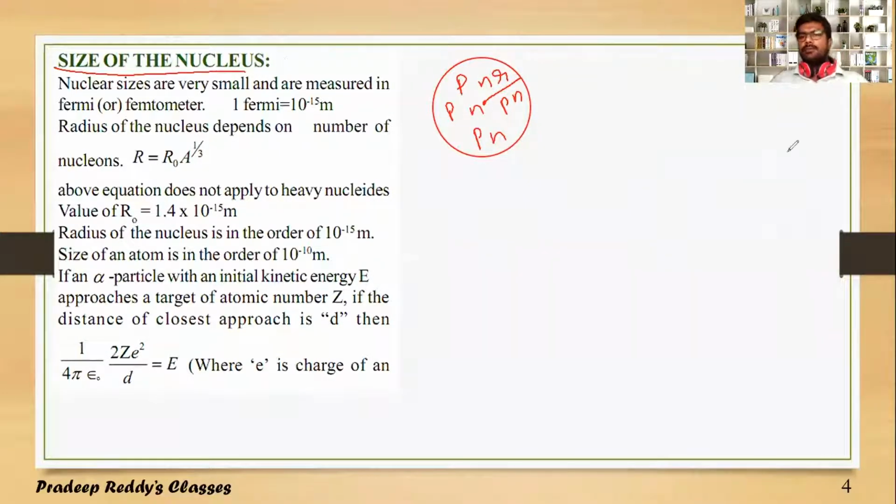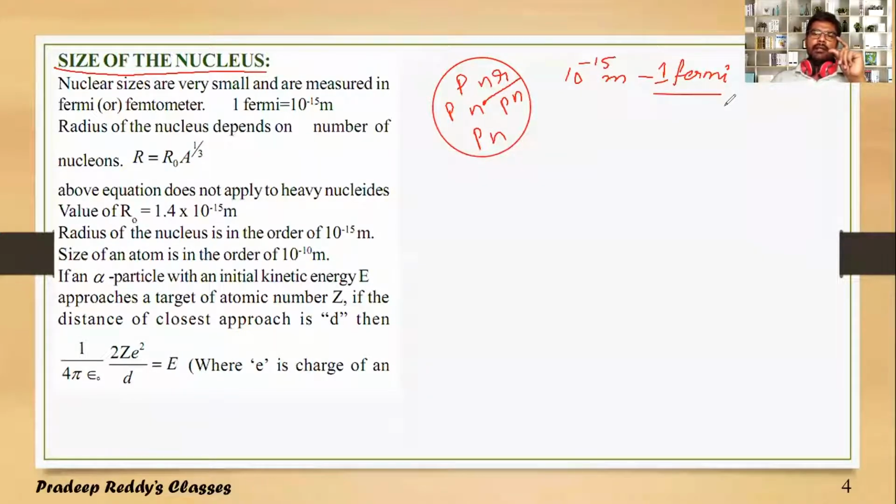The size of the nucleus is experimentally found to be 10 power minus 15 meter, which is 1 Fermi. And this is calculated from Rutherford's alpha ray scattering experiment. From his experiment, we have observed that the nuclear size is in the range of 10 power minus 15 meter, which is called 1 Fermi.